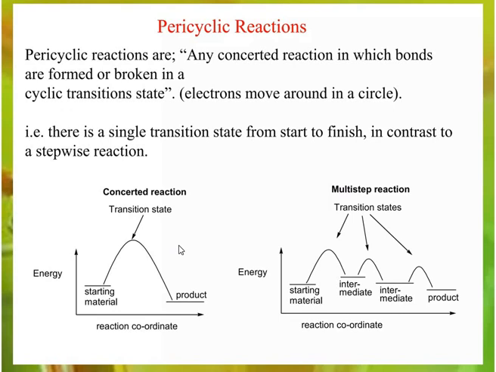Energy versus reaction coordinate. So in the first case, starting material and product, there is a single transition state, and in the other case, starting material, intermediate and products. So concerted reaction and multi-step reaction, this is the main difference.